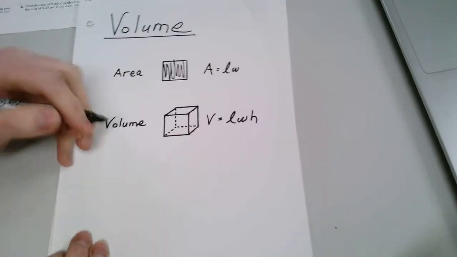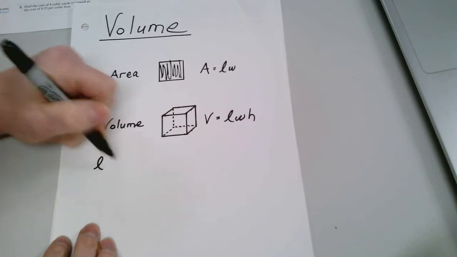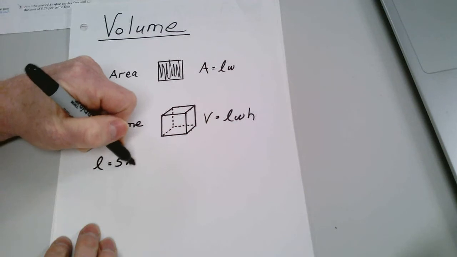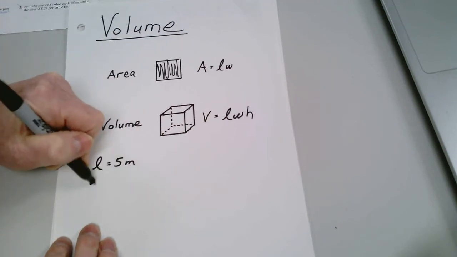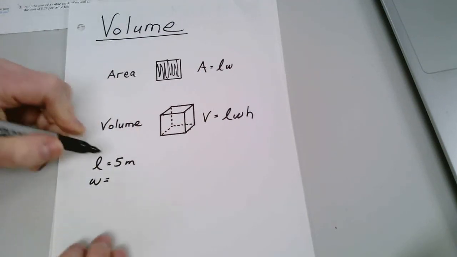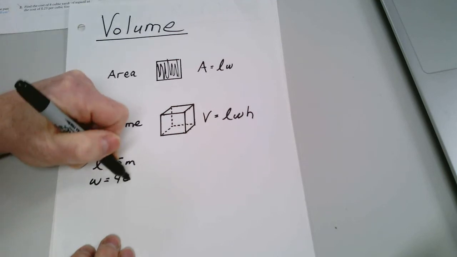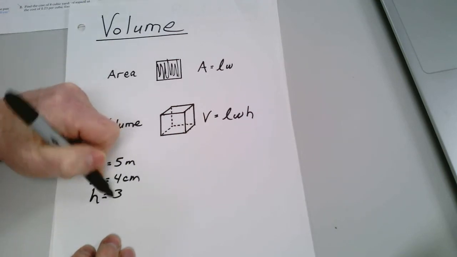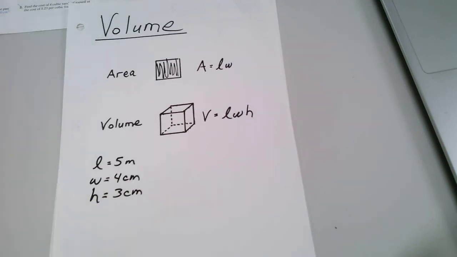This is right from your book. So it said the length was 5 centimeters. The width was 4. And the height is 3. So nice simple numbers to start with.